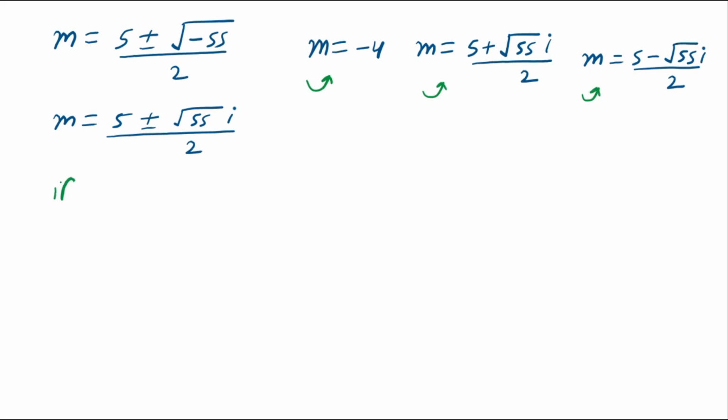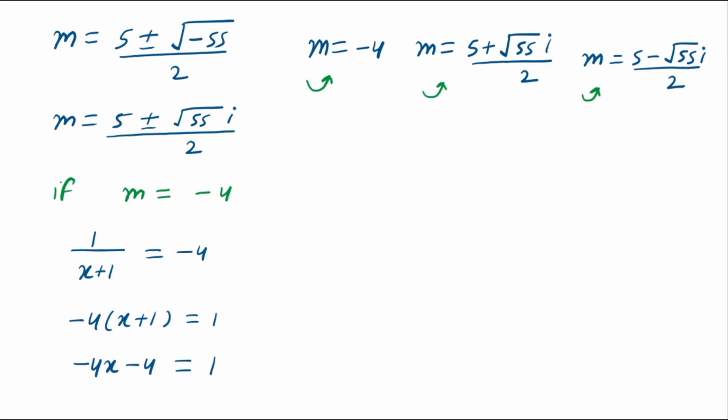If m is equal to minus 4, and we know that the value of m is 1 over x plus 1, and this is equal to minus 4. Here we will apply cross multiply, then minus 4 times x plus 1 is equal to 1. Minus 4 is multiplied by x, then you will get minus 4x, and minus 4 is multiplied by this 1, then you will get minus 4, and this is equal to 1.